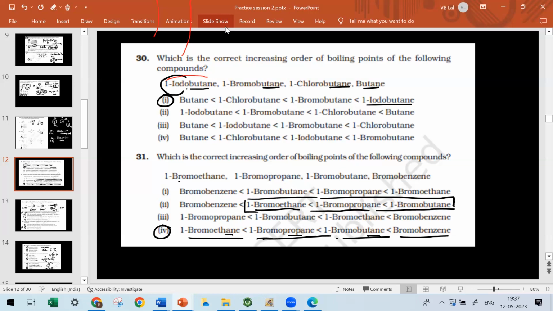So you should see first of all that your starting compound should have a chiral carbon. Then once you verify that it has a chiral carbon, then you should see that it should be able to undergo a SN1 reaction. So if it undergoes a SN1 reaction and it is chiral, then it will undergo racemization.